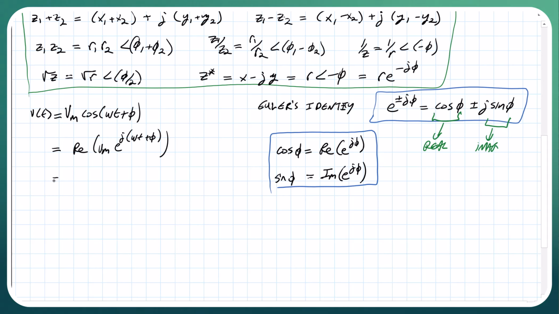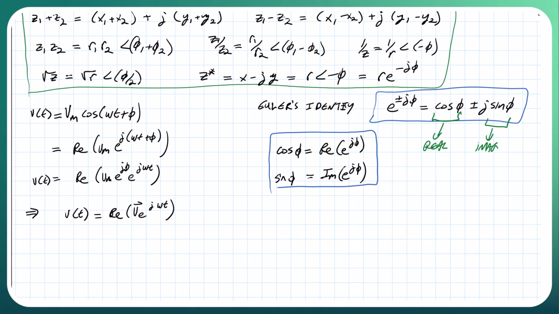Or V of t is equal to the real component of Vm e to the j phi e to the j omega t, and that will give us V of t is equal to the real part of some vector v times e to the j omega t. This vector is in polar form.